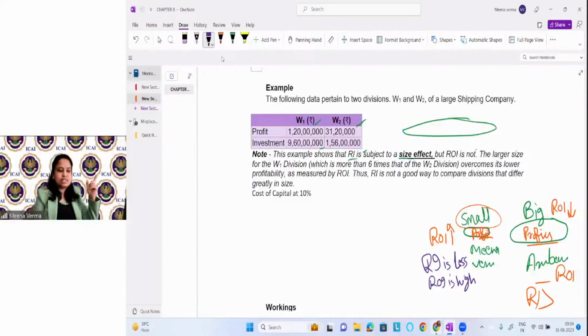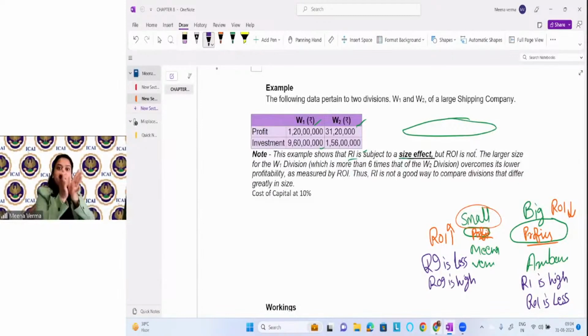But in this case, the scenario is different. Here the residual income is high, and return on investment is less. This is possible, and this is what they are discussing here.